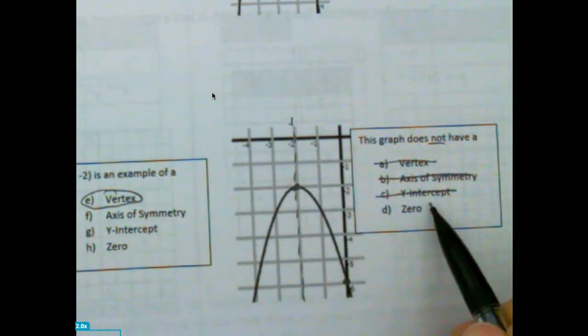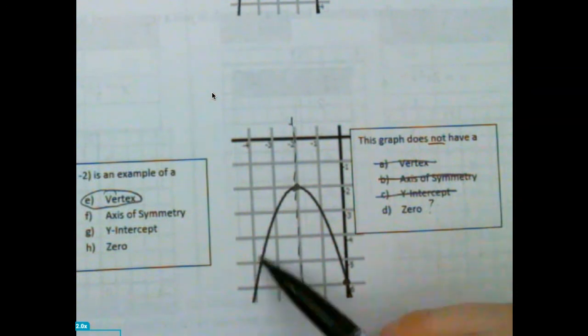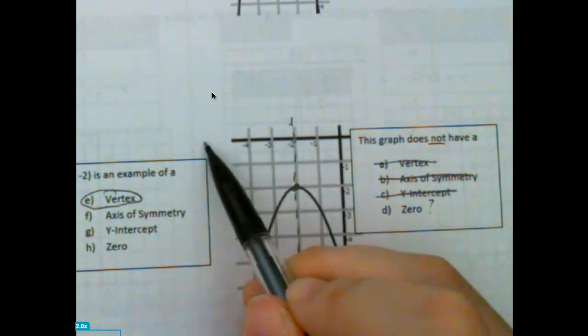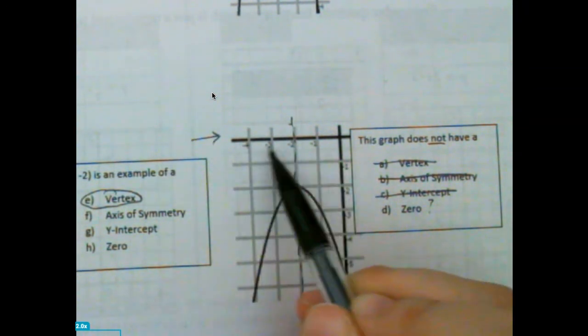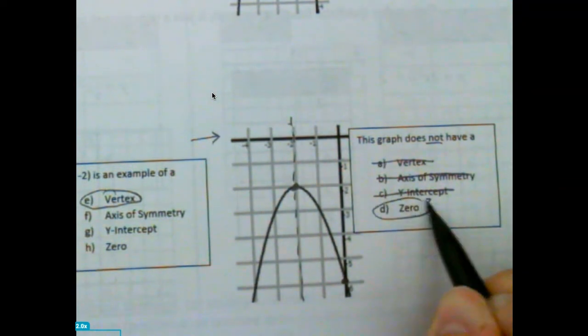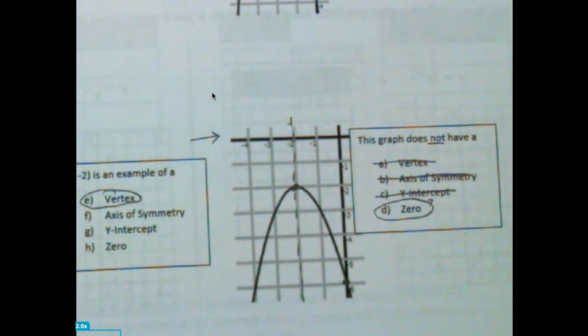But does it have any zeros? Does this curve ever touch the x-axis? No, it doesn't. So this graph has no zeros, and that's totally a possibility. Some parabolas just don't have zeros. They will never cross the x-axis, and that's okay. And we're going to talk about that more too. But just know that a parabola does not have to have zeros, x-intercepts, or solutions.